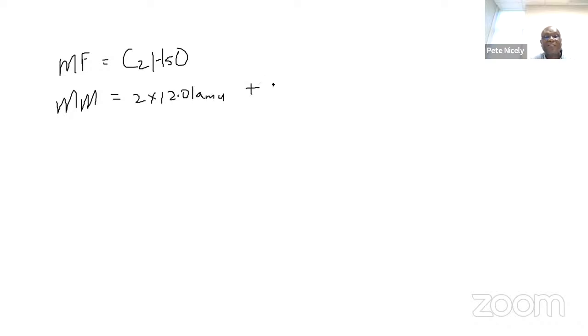So the molecular formula is equal to C2H5O, which means that the molecular mass would be equal to 2 times 12.01 AMU plus 5 times 1.008 AMU plus oxygen, which is 16.00 AMU.